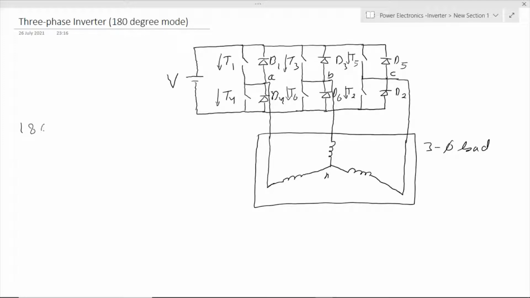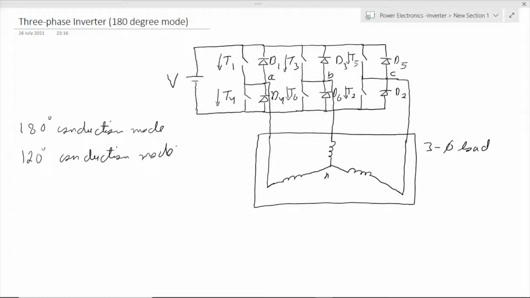One is 180-degree conduction mode, and second is 120-degree conduction mode. In this lecture I'll be taking only 180-degree mode. In the next lecture we will do 120-degree mode.